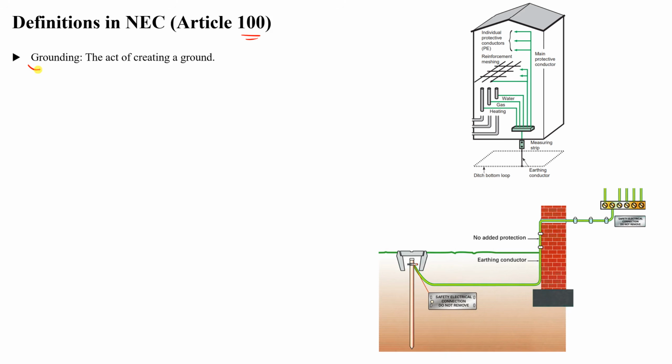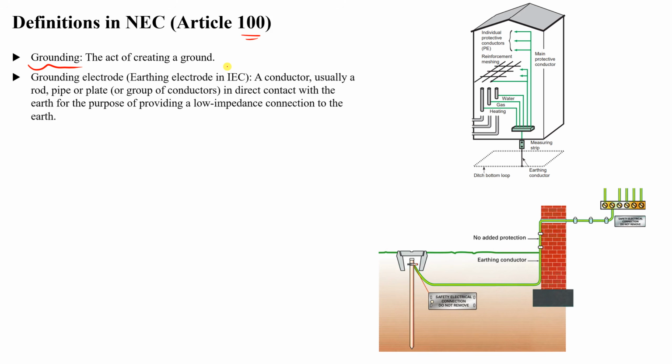One, grounding: it is the act of creating a ground, the same as the terminology earthing inside IEC. We also have what we call the grounding electrode, which is exactly similar to the earthing electrode in IEC. So it is grounding electrode in NEC, earthing electrode in IEC.